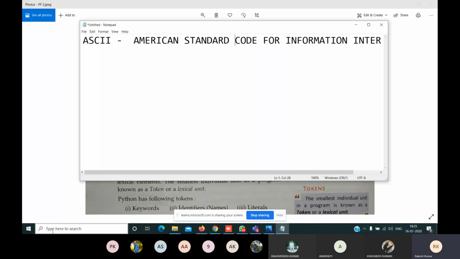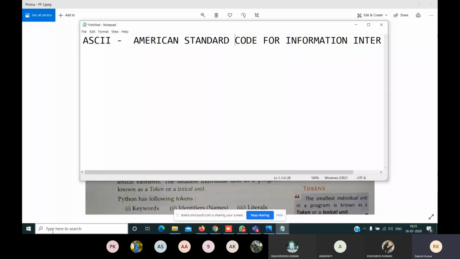A particular alphabet, key, digit or symbol has a particular number, that is the encoding standard, and that number is converted into 0s and 1s. So ASCII was an early encoding standard, and it has only 256 characters.